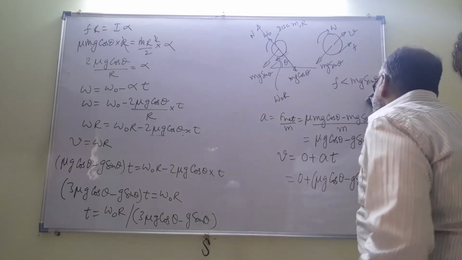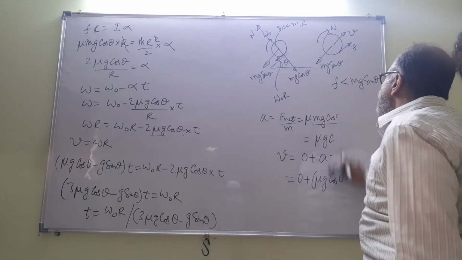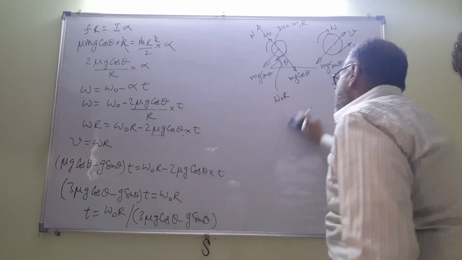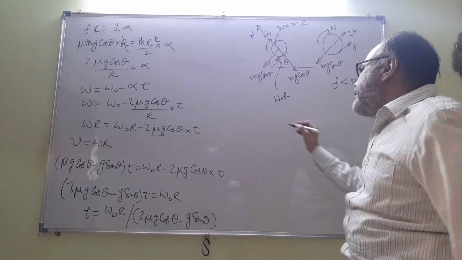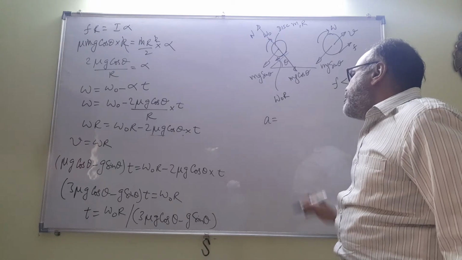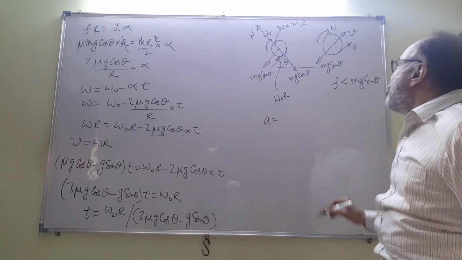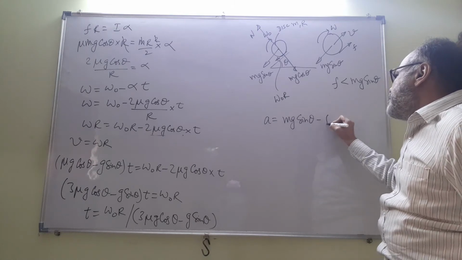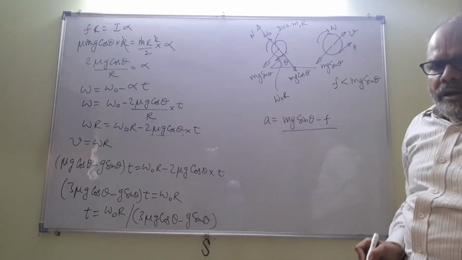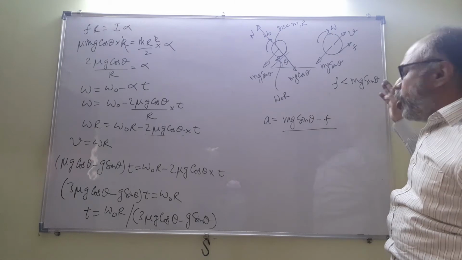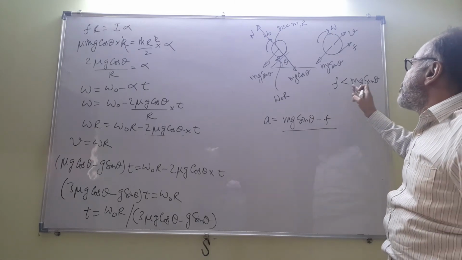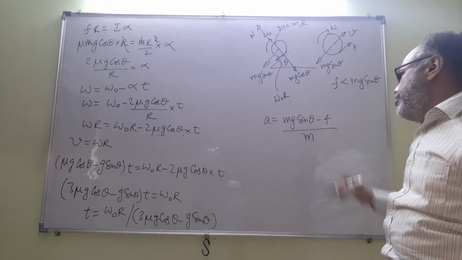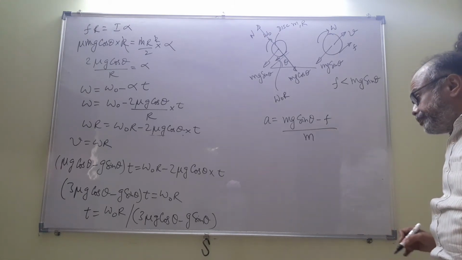So now let us see how much this frictional force will be. We wish to calculate the frictional force. We will once again write the acceleration. The acceleration now will be mg sin theta minus F, divided by m. This F, we said, is not mu mg cos theta; in fact, it must turn out to be less than mg sin theta. This is the acceleration.